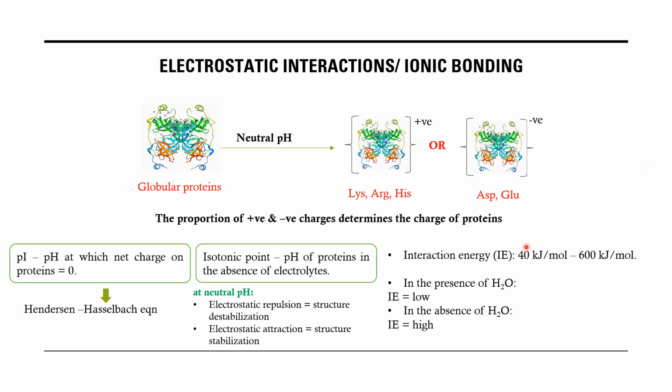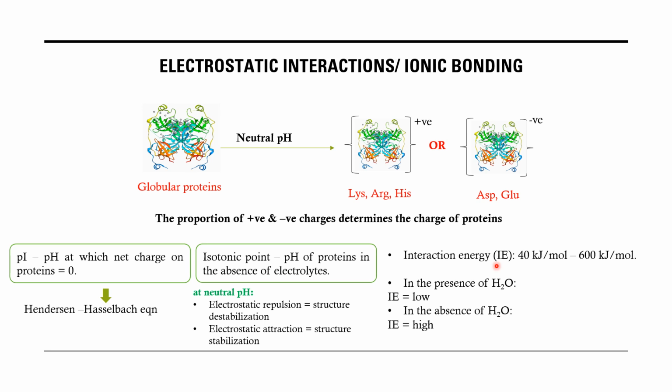Most of the time, charged groups present in a protein are present at the protein-water interface. This we have seen while discussing tertiary and quaternary structure. There is always a tendency to reduce the free energy of the system. So as an adaptation, the protein sends all the charged groups to the surface so that they can readily interact with water.